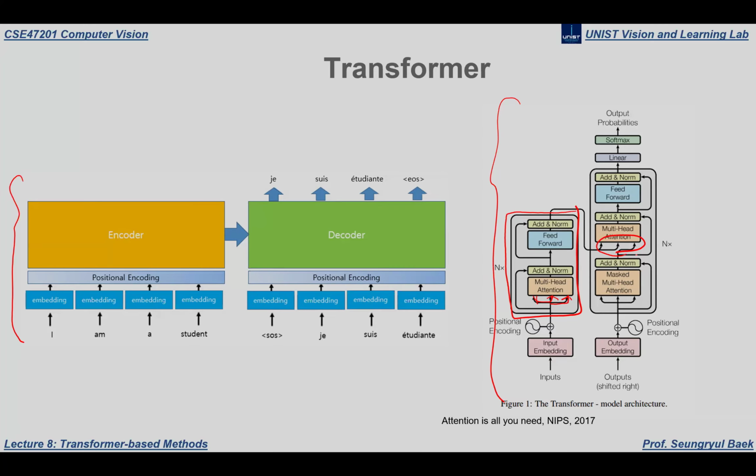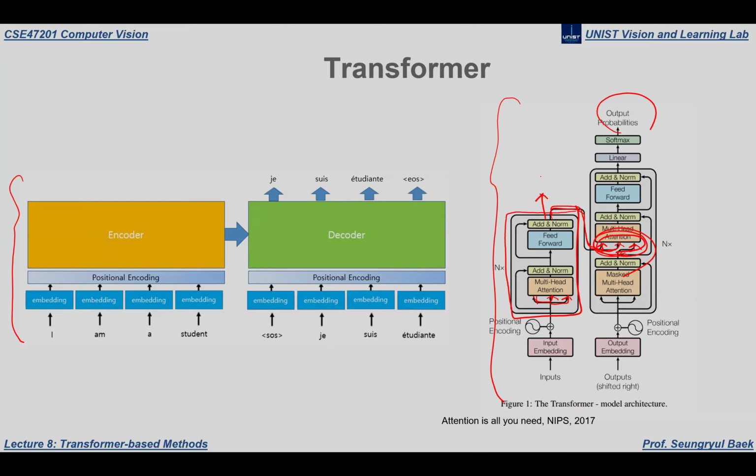Cross attention is applied by taking two inputs from the encoder's output and one input from the decoder side. But in the vision transformer, there is no operation like this, because there is no need to mix the image features to make the final output.